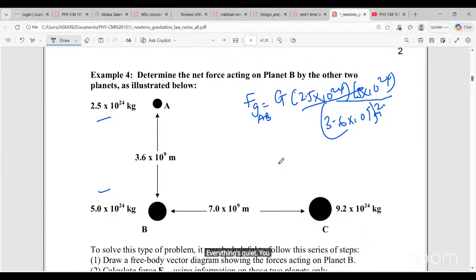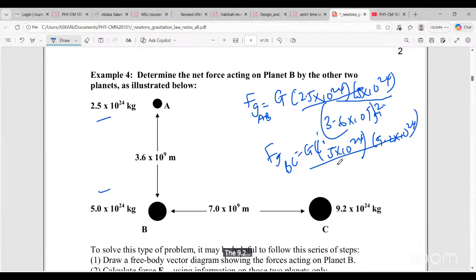You move on to the other one. So from here, to find this, that will be G. Then you have the masses, 5 times 10 to the power 24, then 9.2, divided by the R. So now if you square this, you find that.